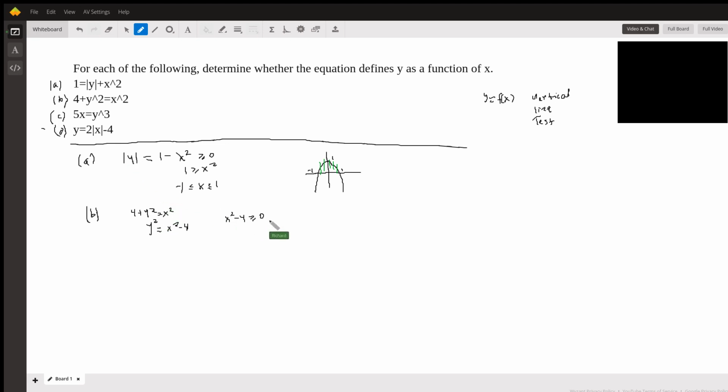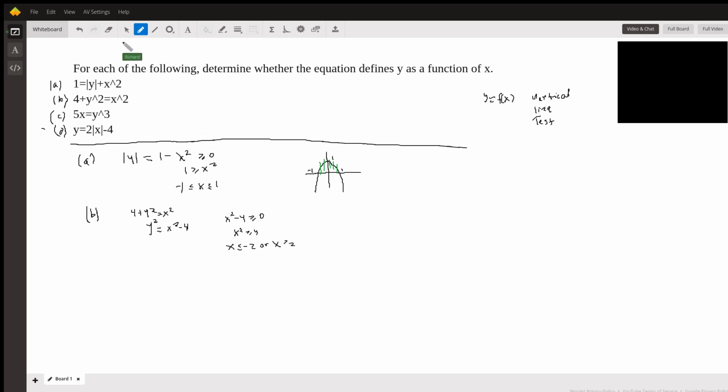It's similar to this first one. So x squared minus 4 is greater than or equal to 0, and that means x squared has to be bigger than 4. So x itself has to be less than negative 2, or x has to be greater than 2.